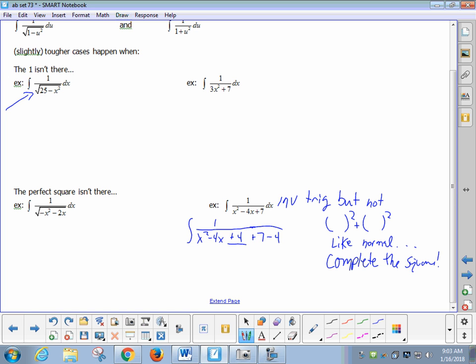I think you'll agree that there was no net change there. If I combine my terms back, I would be right back to where I started. So I have not changed the problem other than the looks, but the value is still the same. The reason I do that is so I can write this as the square of x minus 2, plus 3. Now we're rolling.